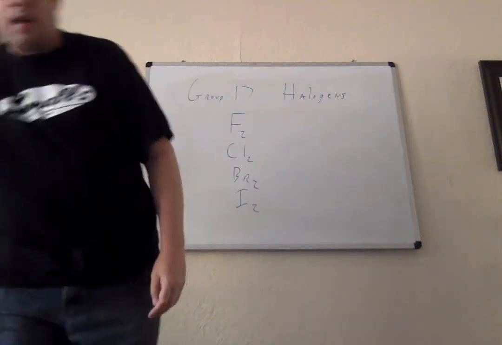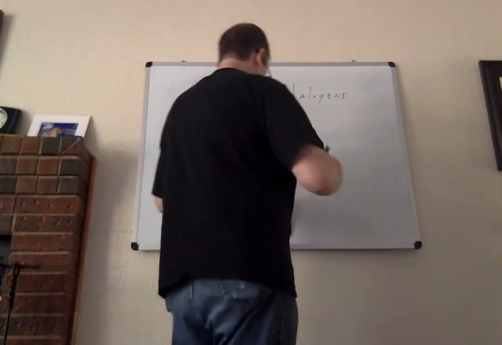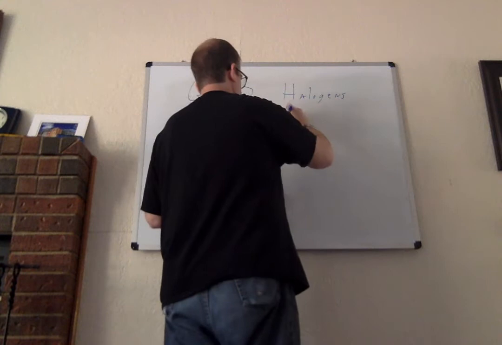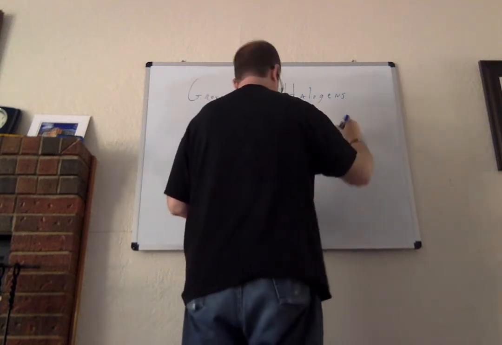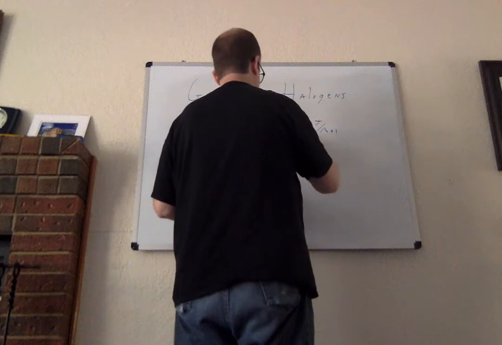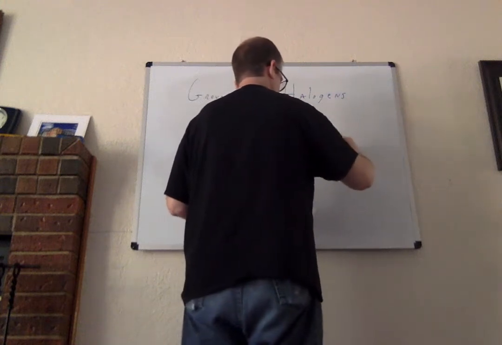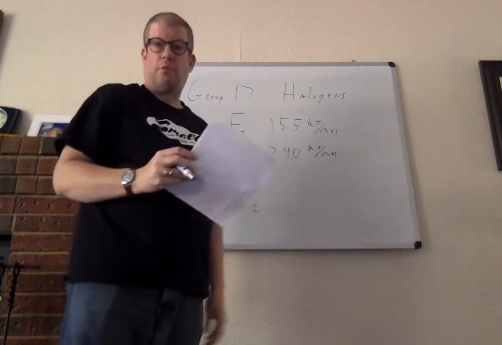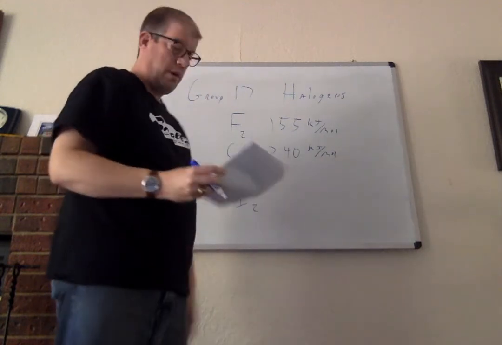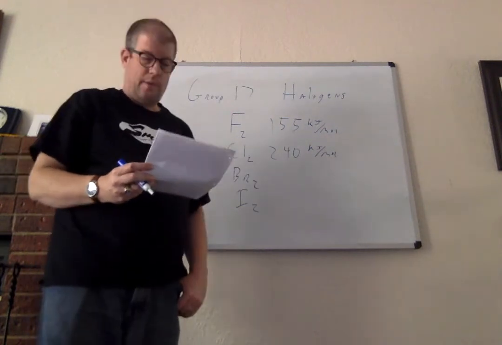And the answer is actually no. So the fluorine-fluorine bond is 155 kilojoules per mole, which is weaker than the chlorine-chlorine bond, which is 240 kilojoules per mole. And so this is aberrant.